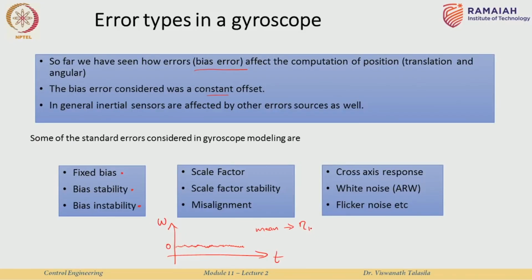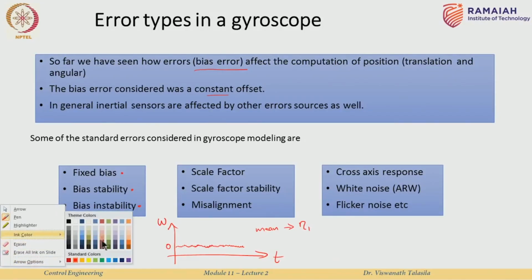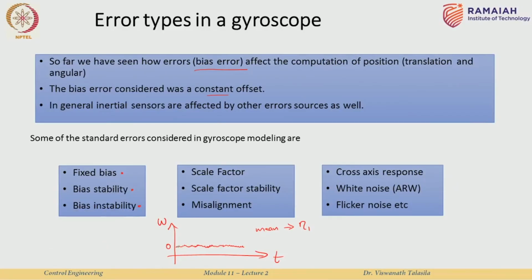You turn off the gyroscope and maybe after a couple of minutes turn it back on again, okay, and then what you are going to get is a slightly different noise signal. Again it will be around 0, but it will be slightly different from the previous one, okay. And now when you compute the mean, it will be a different value, slightly different, but it will be different.